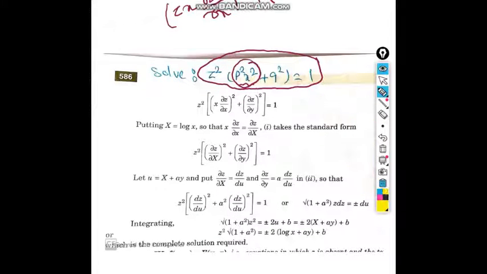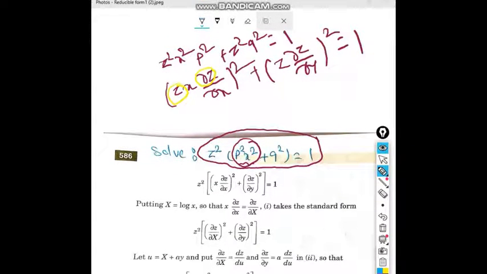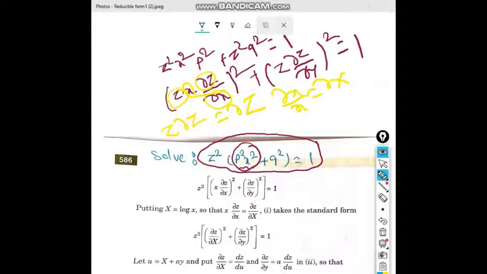Here I can use z dou z is equal to dou capital Z, and dou x upon x is dou capital X. There is no substitution needed for dou y, because dou y appears in a single way.